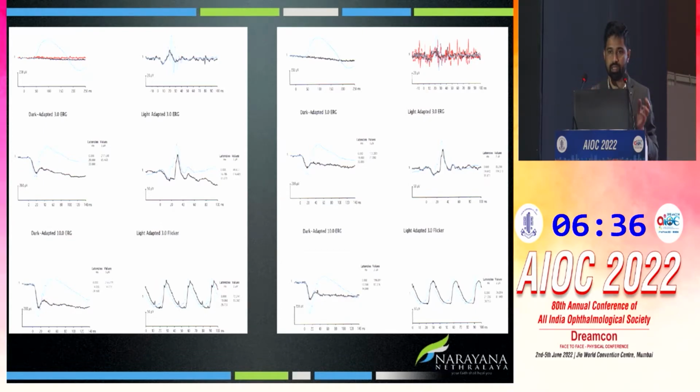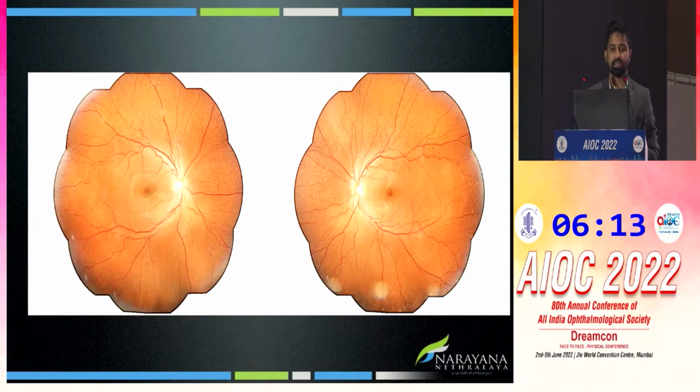If there is any problem with the inner retina, either in terms of vascular or transmission defects, like bipolar transmission, or if the patient has a CRAO, for example, where the outer retina is intact and the inner retina is not functioning, you get this kind of electronegative ERG. So you need to think of conditions where the outer retina is intact and the inner retina is dysfunctional. One of the most common we see is congenital stationary night blindness.